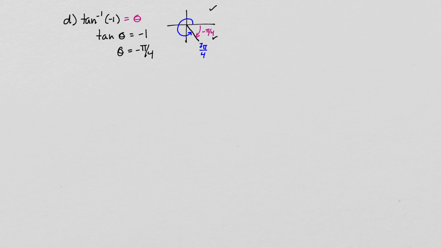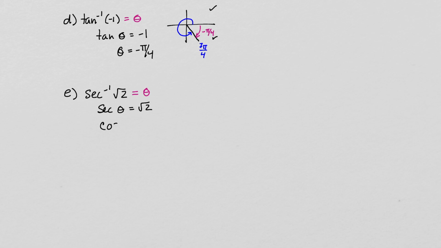Okay, so I have one more example for us here. If we're looking for the inverse secant of root 2. So again, the inverse secant, we're going to say that's equal to theta. So we're looking for when is the secant of theta equal to root 2. And I think it's kind of hard to think about secants.